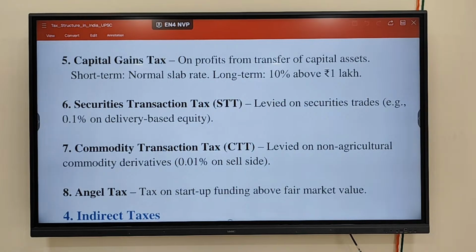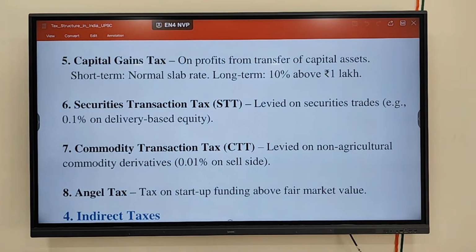Which is the world's largest commodity exchange? CME Group. Okay, write down that.